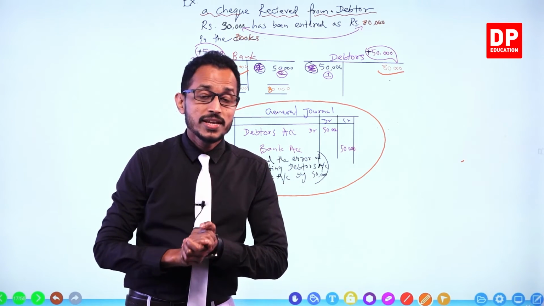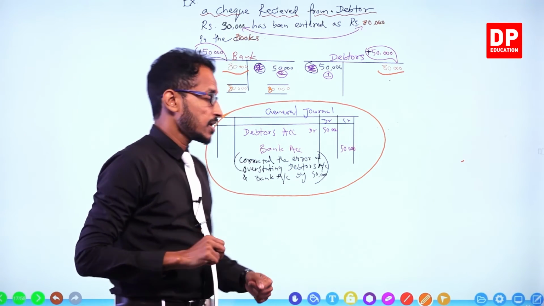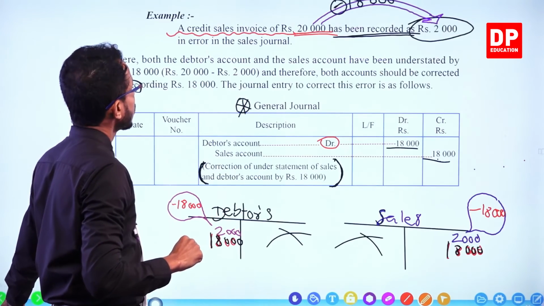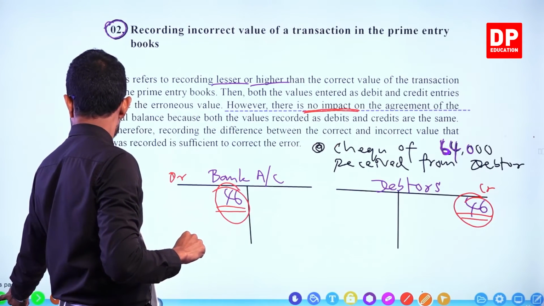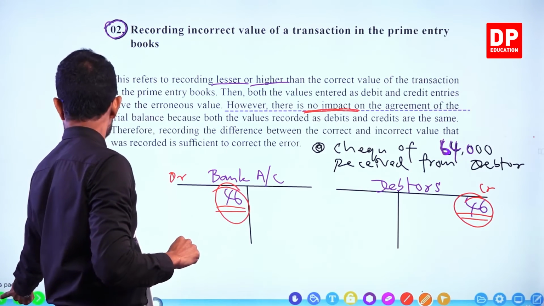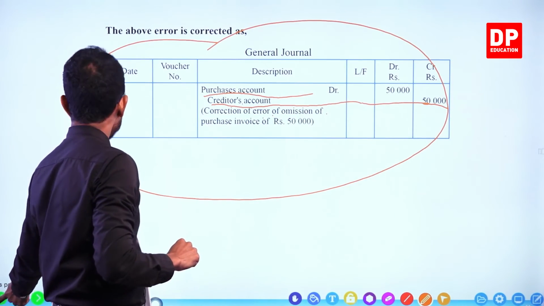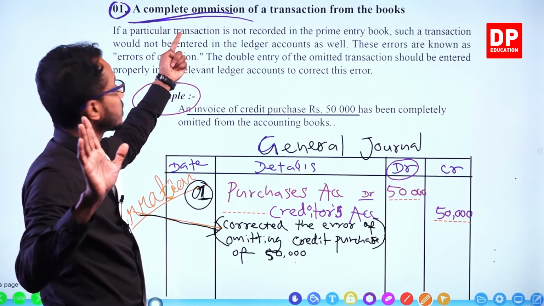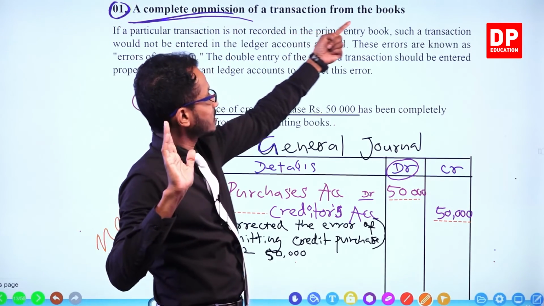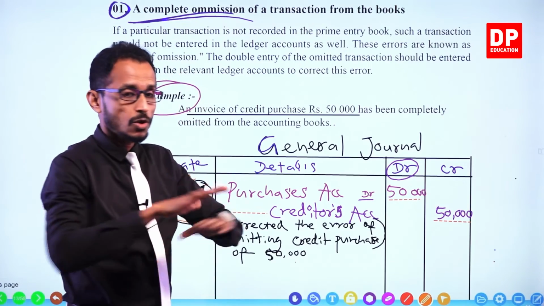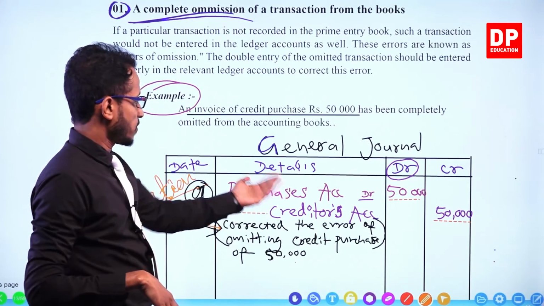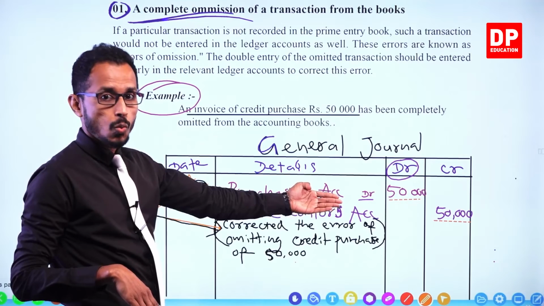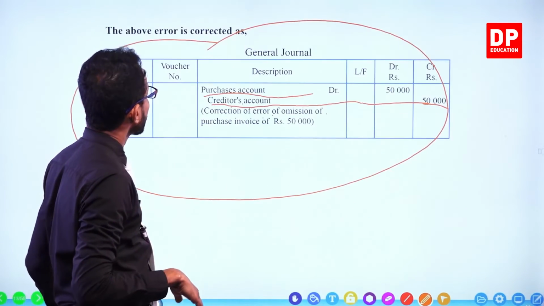Right, children? We did 2 errors today. First, completely omitting transactions from the books, complete omissions. And we corrected 1 omission.